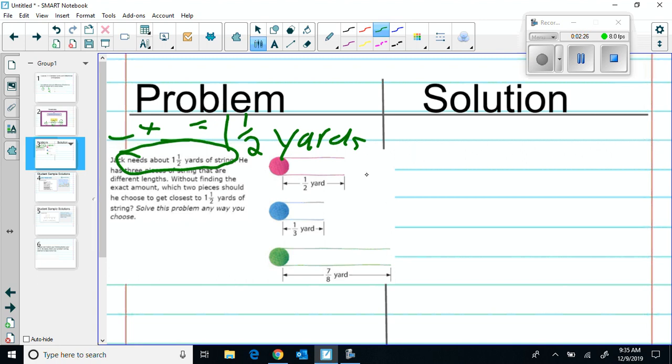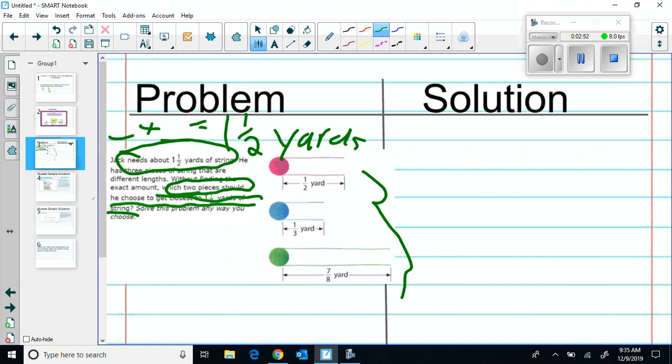Here are our 3 pieces over here. We don't need to find the exact amount, but we want to know which 2 pieces should he choose to get us closest to 1.5 yards of string. So we're going to underline the question, and we're going to estimate right now by using benchmark fractions.